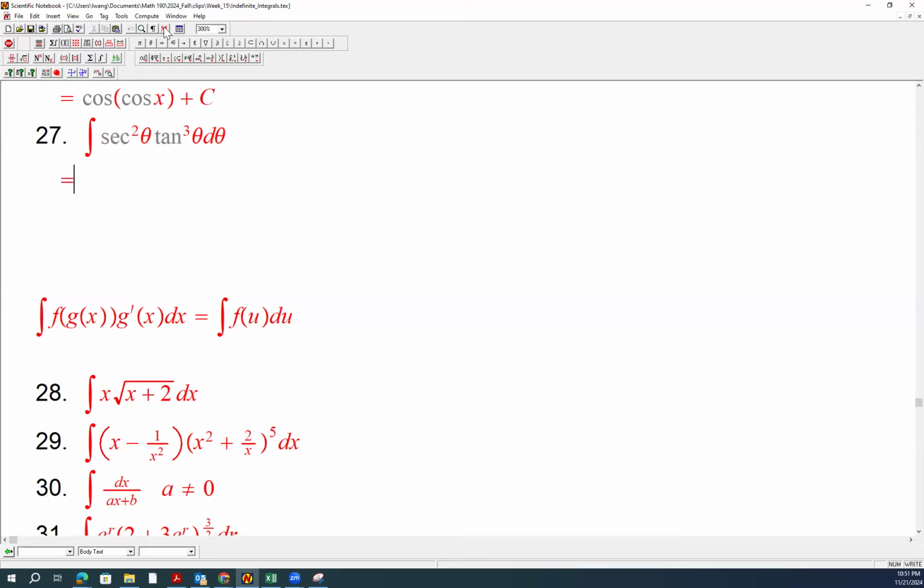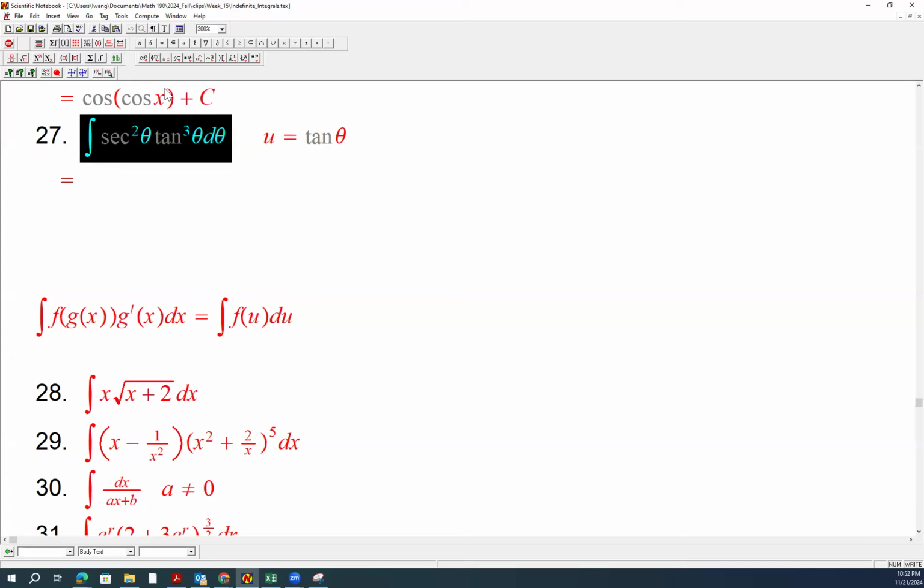What are we going to do, right? You think of the relationship between tangent and secant squared. The derivative of tangent is secant squared, right? So that gave us the clue. So I'm going to introduce u equals tangent theta.